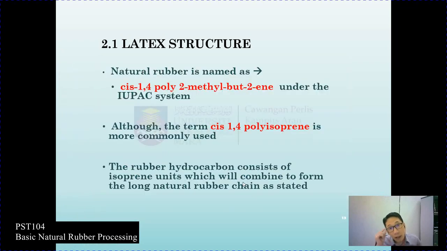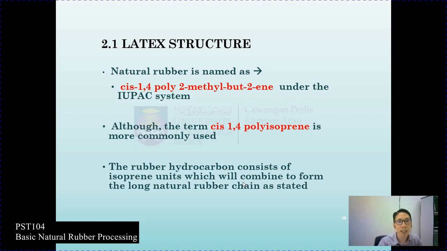And then natural rubber is named, this is the IUPAC system name, cis-1,4 poly-2-methyl butene. Later on when you take organic chemistry, you will learn the IUPAC system, the systematic names of each substance, molecule or compound.